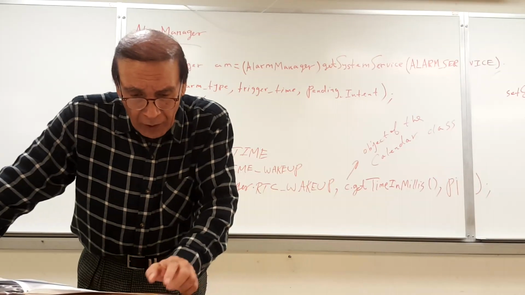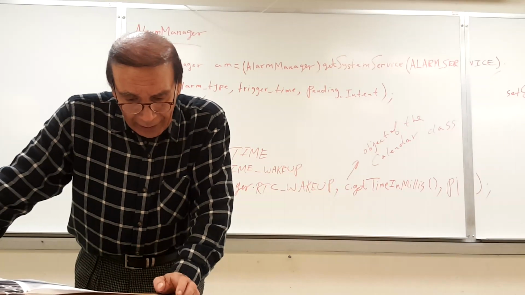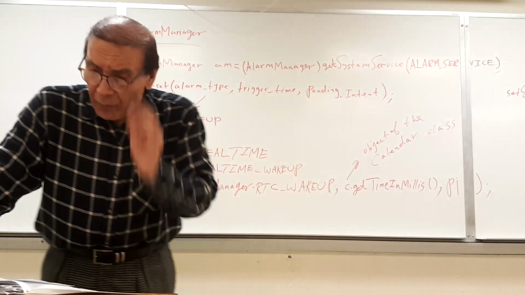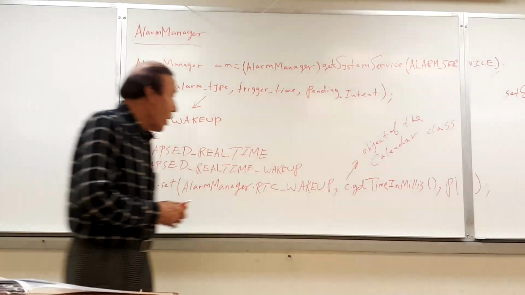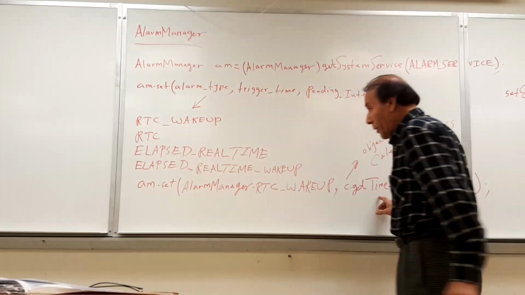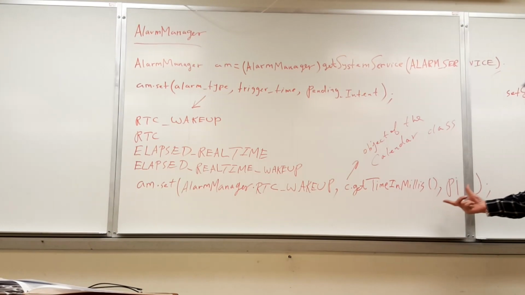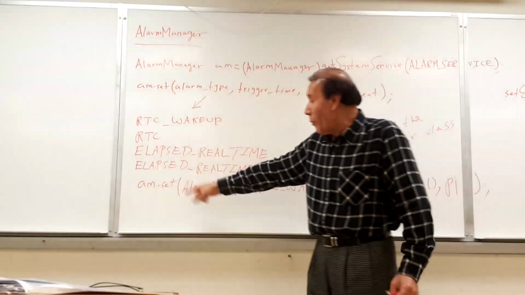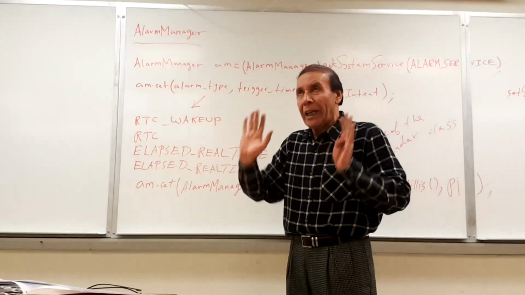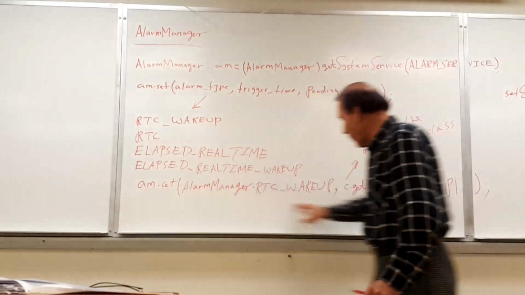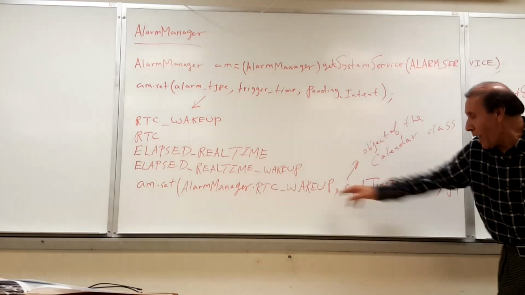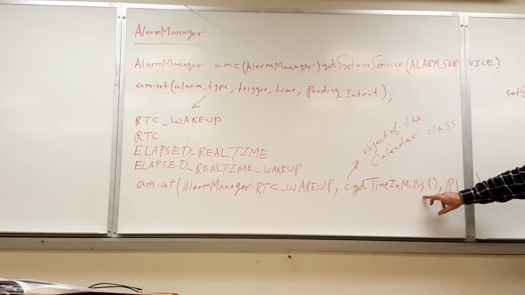Let's continue. We discussed set. What's going to happen if you have started your pending intent, and right under that, let's say I use this command AlarmManager set for the same thing but with different timing.